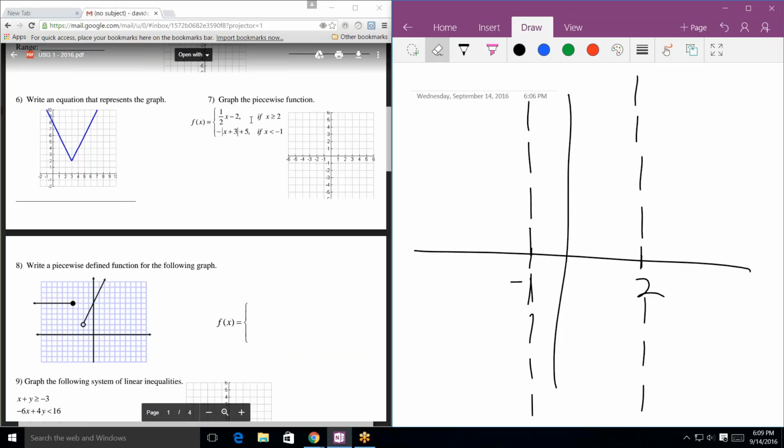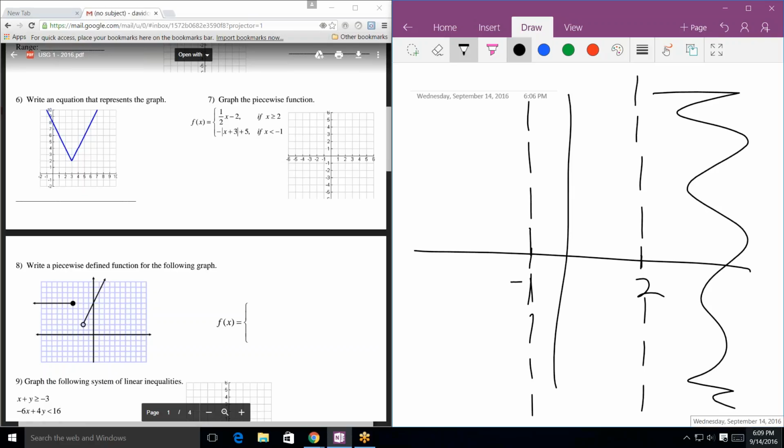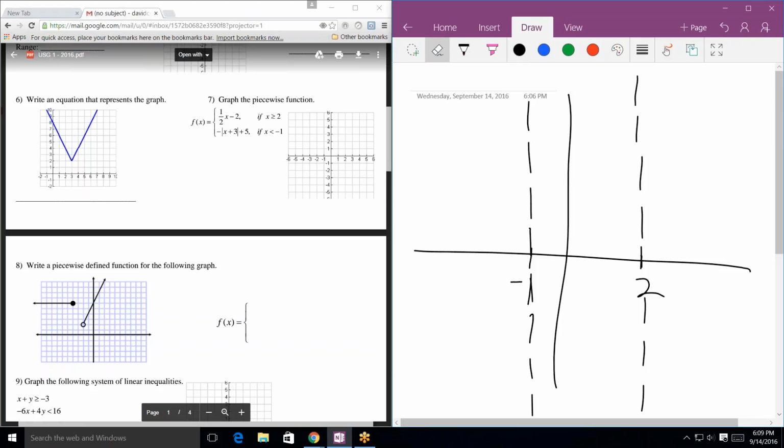Well, it doesn't go to the y-axis, so I can't really graph the y-intercept. I know the y-intercept is minus 2, but I'm over here. In other words, I've got to graph it over here. I don't cross the y-axis. So how do I figure out the first point?